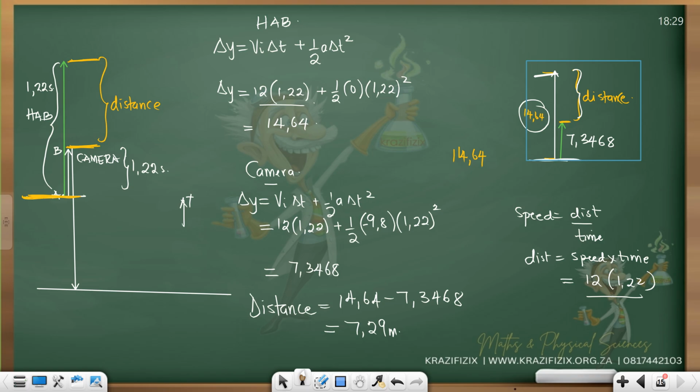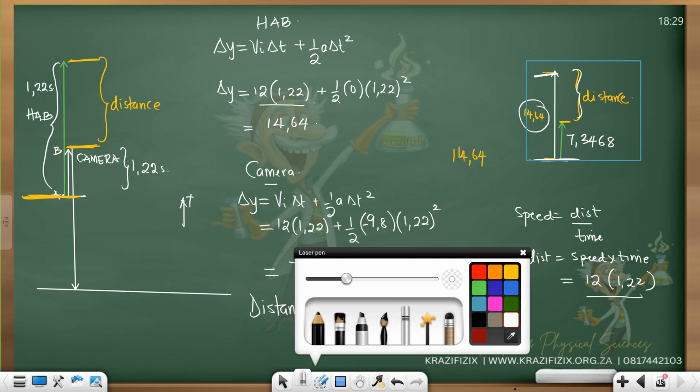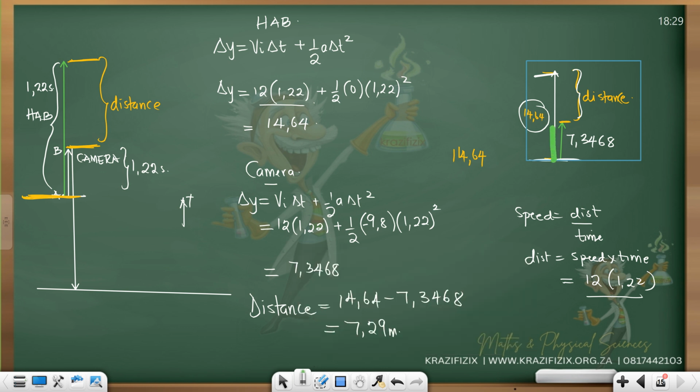But anyway, Lerato, are you okay? You said you're okay with 14.64, right? Are you okay with 7.3468? Lerato, if you're okay, then check. Look at what we have here. From here to here, 14.64. From here to here, 7.34. What is the remaining distance? This minus that.